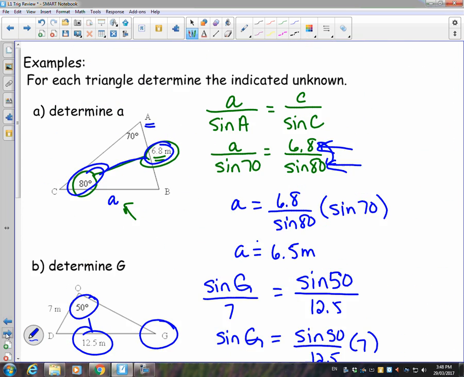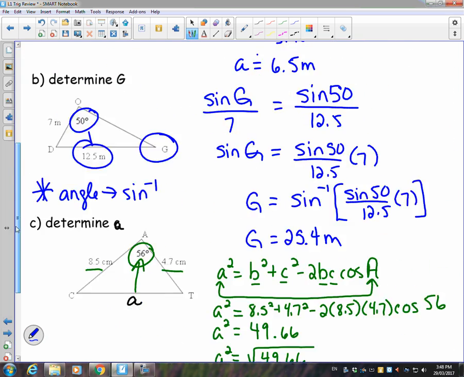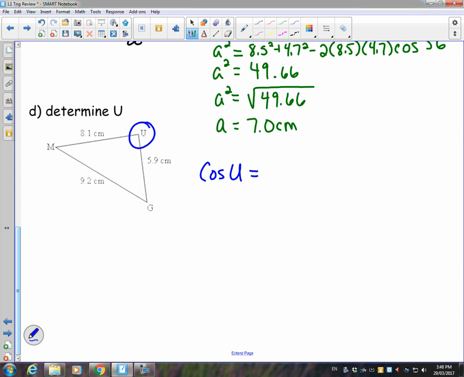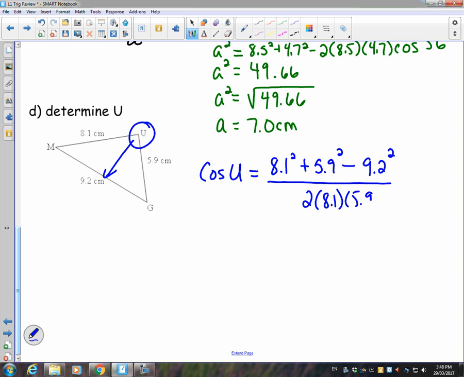So when I go back to my last question, the side I want to subtract is the one across from the angle I'm trying to figure out. So I'll fill in the other two sides. 8.1 squared plus 5.9 squared minus 9.2 squared over 2 times 8.1 times 5.9.